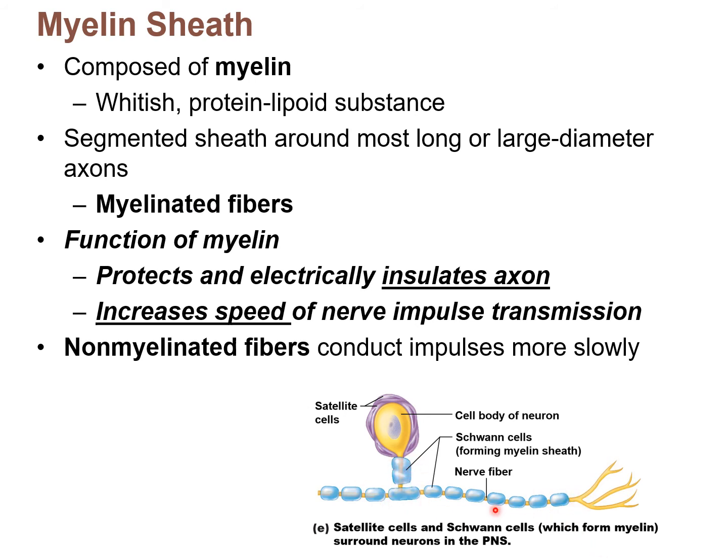So what we've never brought up yet is, why do we have myelin? Why do some axons contain myelin like this one does, where other axons in your nervous system do not? We haven't really seen a picture yet of an unmyelinated axon, but they exist. So here's why we would have myelin on a given axon. It says it protects and electrically insulates an axon.